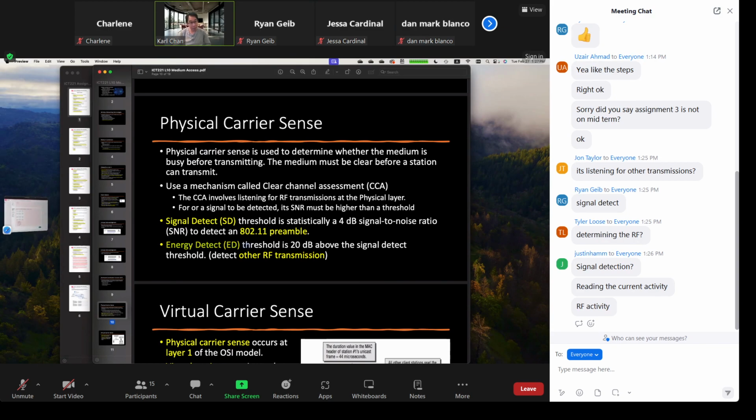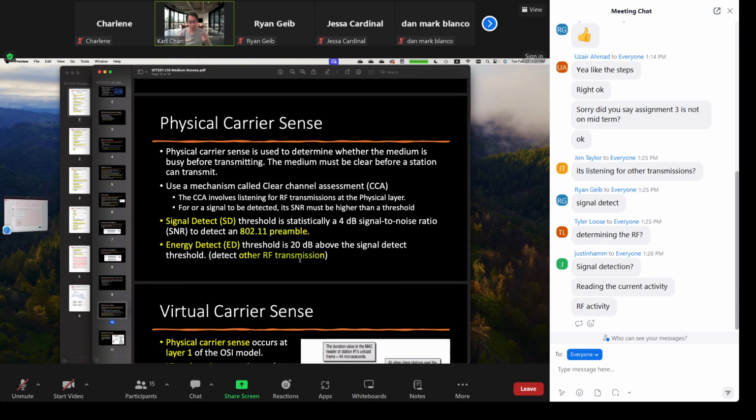So Justin, if you think this is detecting RF activity, this term is too broad. We have two kinds of RF activity. The first one is the 802.11 frame, which is WLAN, but in the channel we still have another RF activity.